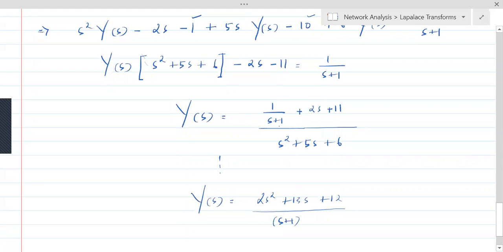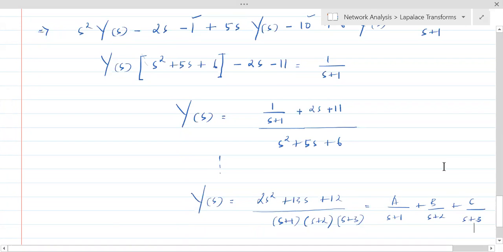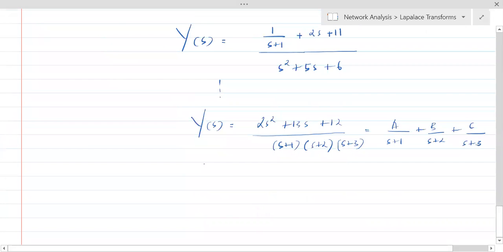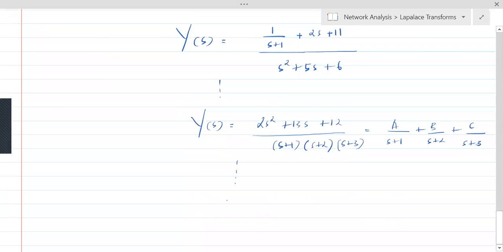Okay, this s plus 1 would be taken in the denominator, and the factorization of the second order polynomial in the denominator would give you s plus 2 and s plus 3. Understand this point? So it can be arranged as a by s plus 1 plus b by s plus 2 plus c by s plus 3.